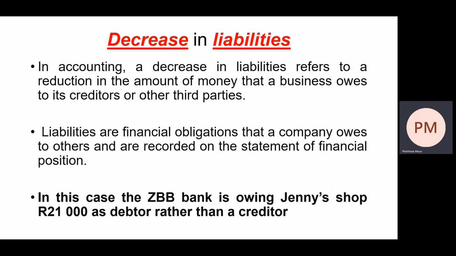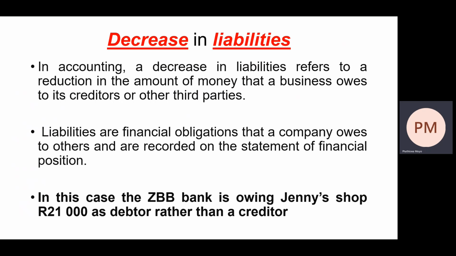Liabilities are financial obligations that the company owes to others and are recorded in the statement of financial position. This is not a definition of liabilities, just giving the marker a general overview that you understand what a decrease in liability means. But when you're applying this to this case, ZFBB Bank is owing Jenny's shop 21,000 as a debtor rather than a creditor. So you are applying that even though you know this is not applicable in this case.